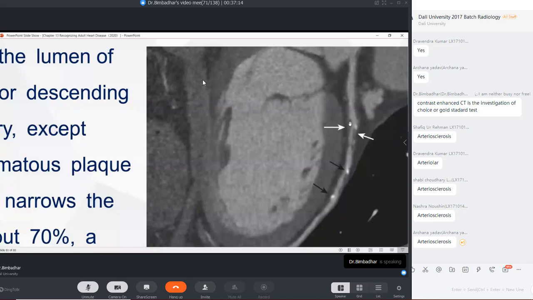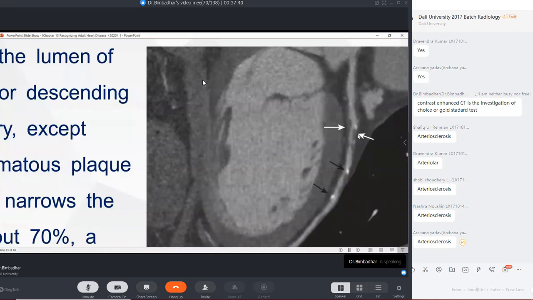But atherosclerotic plaques generally do not take up the contrast material, so they start appearing black in the lumen, which means there is narrowing of this blood vessel. You see here, the contrast material is narrow, a white thin streak. So this tells me there is narrowing of this blood vessel, which eventually gives me a diagnosis called coronary artery disease.